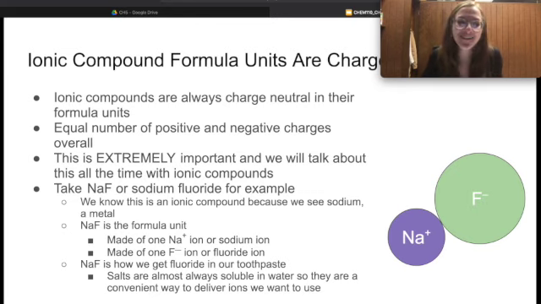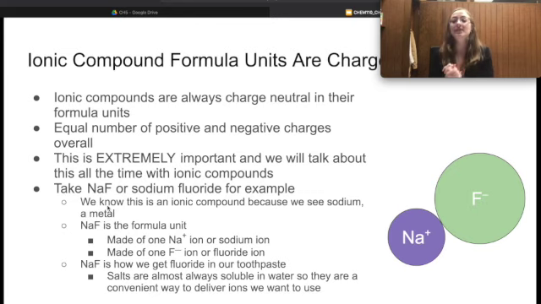So the sodium fluoride, NaF, is the formula unit. It's made of repeating patterns of one sodium ion and one fluoride ion together. And actually, NaF is how we get fluoride in our toothpaste. So oftentimes, salts are the most convenient way to deliver anything that we want an ion of. If we want those fluoride ions, it's really easy to put them with sodium.